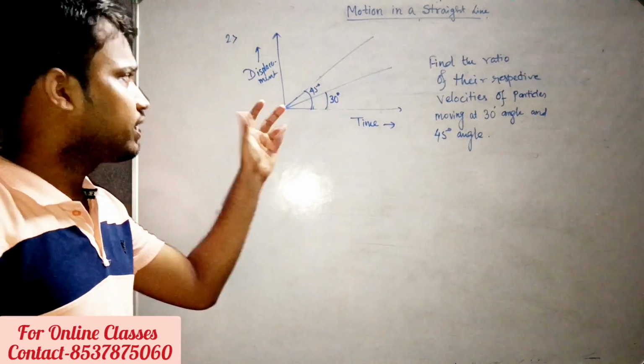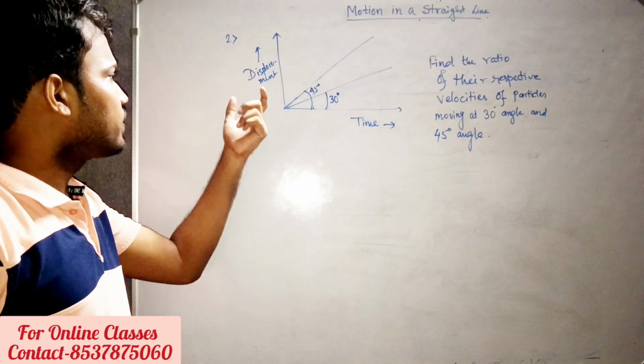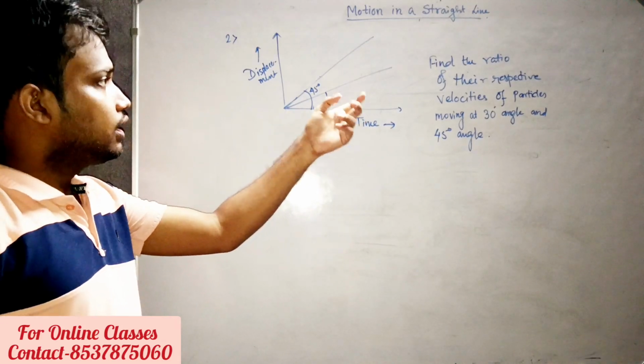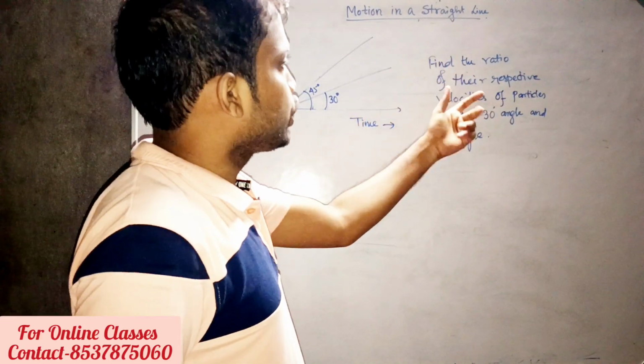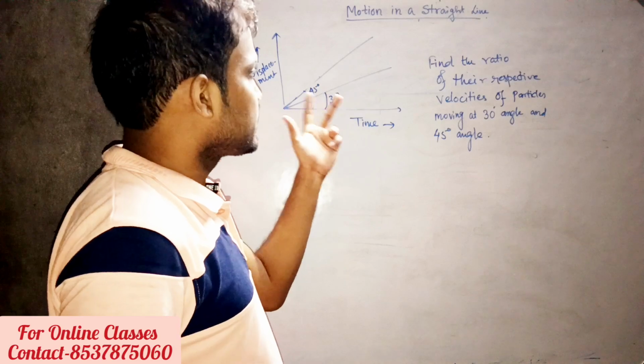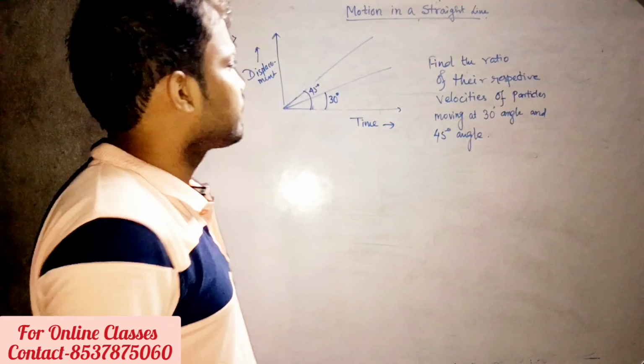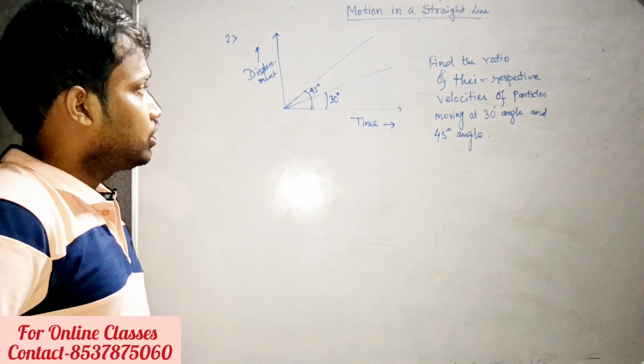Here is basically given a graphical problem. The graph is displacement versus time. The angles are given, and we have to find the ratio of the respective velocities when the particles move at a 30-degree angle and a 45-degree angle.